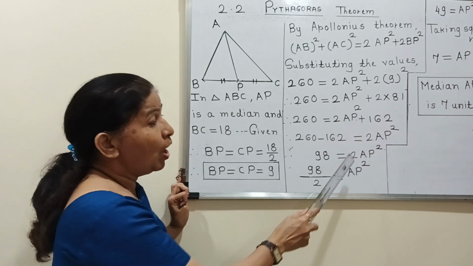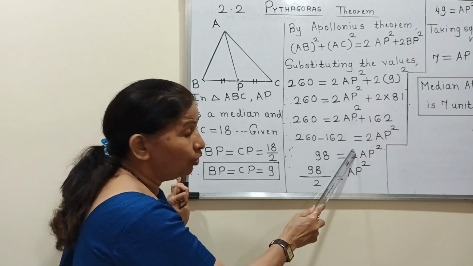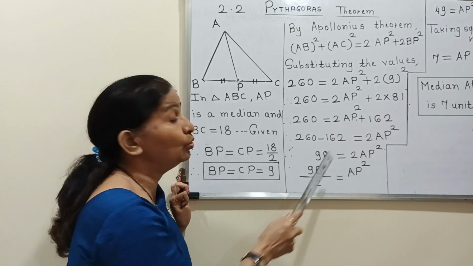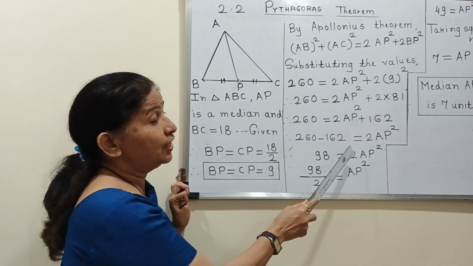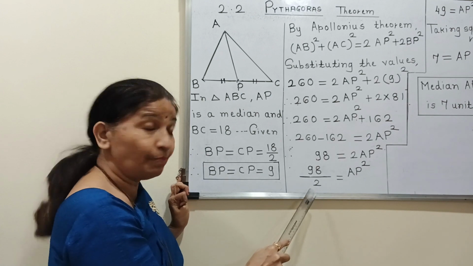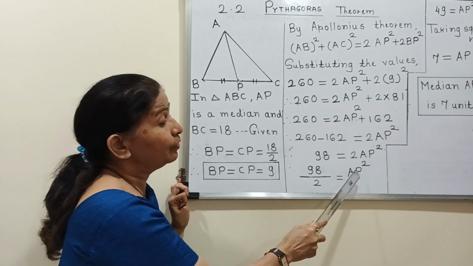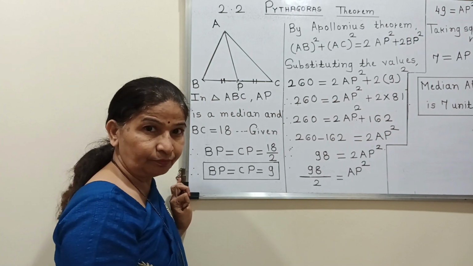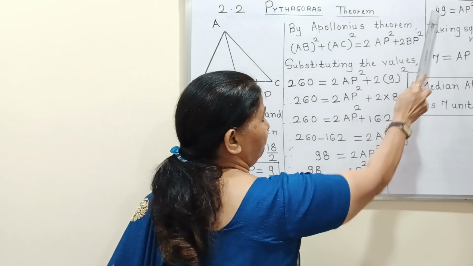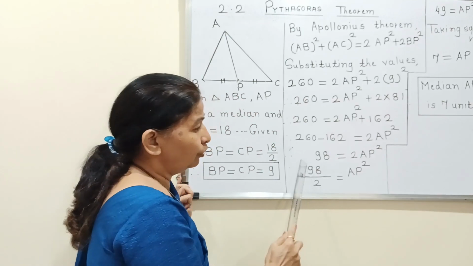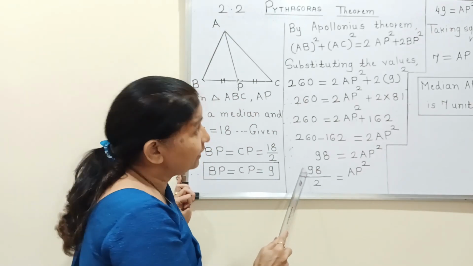Okay. Now I will shift this 2 which is in RHS to LHS. Naturally multiplication will become division. So 98 upon 2 is equal to AP square. So 2 ones are 2, 2 49s are 98.